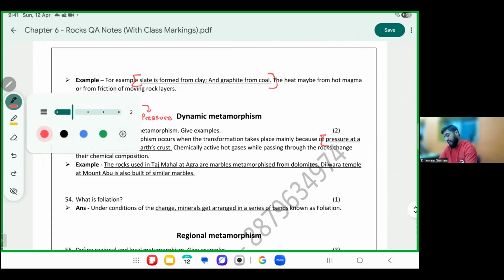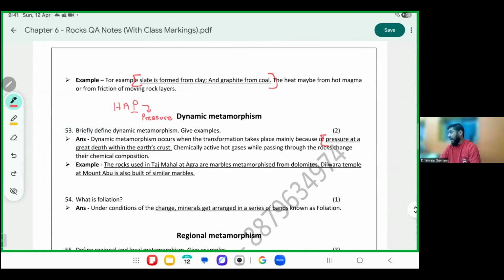Here, pressure is more active, at a great depth within the Earth's crust. Example, please mark. Both are correlated. It's not that if heat increases, the pressure will not, or if pressure increases, heat will not. Here we are seeing which is the more active agent or which is the more active factor.